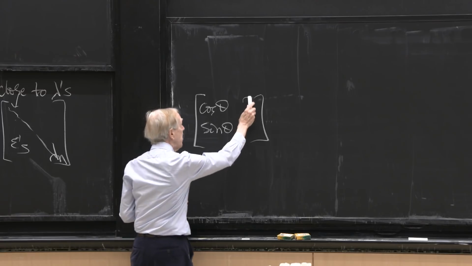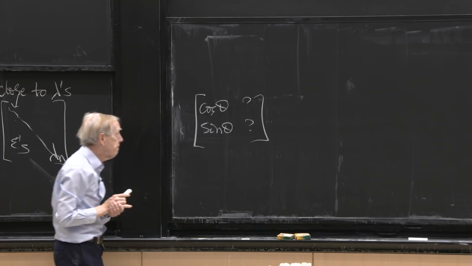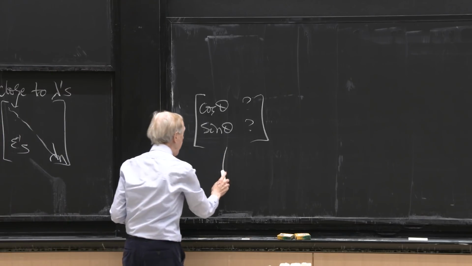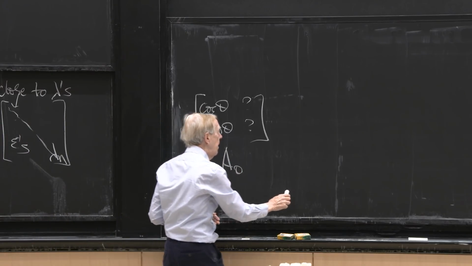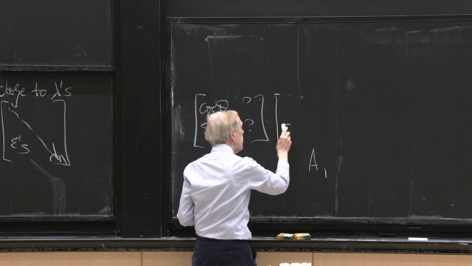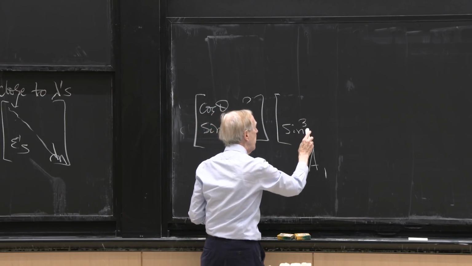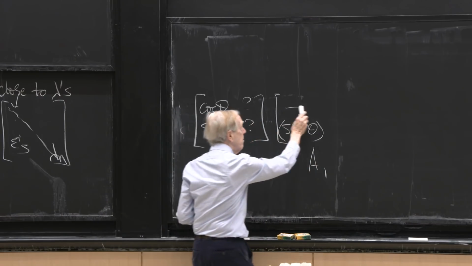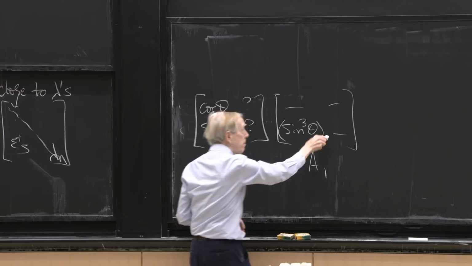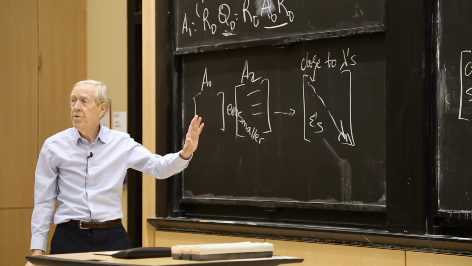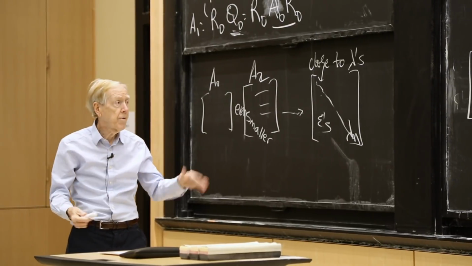Something here, something here, something here, as A0. And then A1, after just one step, has sine cubed theta there. And numbers there that are getting much closer to the eigenvalue. Sorry that this isn't a full-scale example.